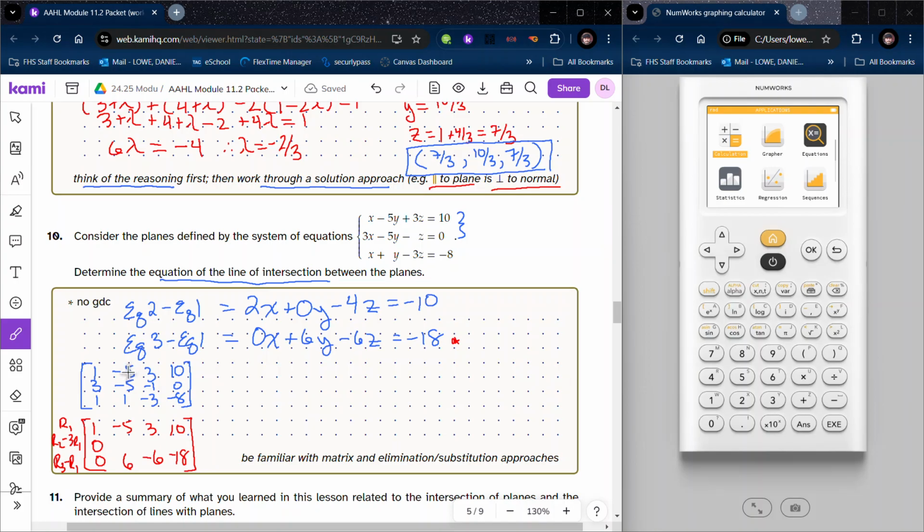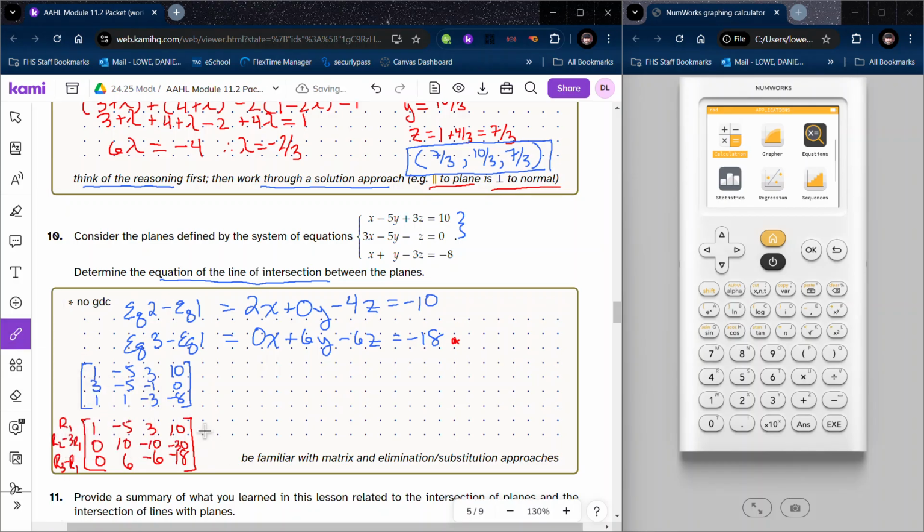Times 3, that's negative 15. Negative 5 minus negative 15 will be positive 10. Then row 2 minus 3 times this gives me a negative 10 there, and this minus 3 times that gives me negative 30.